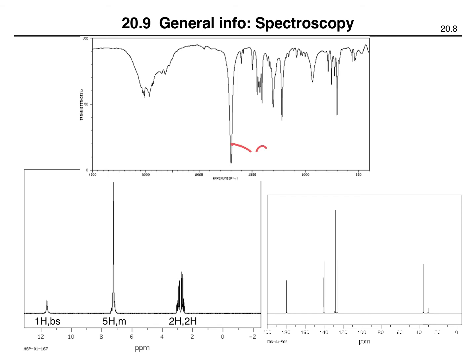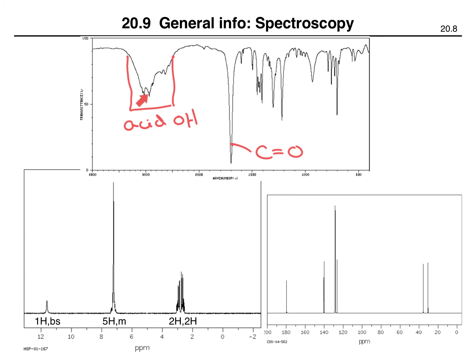This is our carbon-oxygen double bond right around 1700, and this whole thing here is our carboxylic acid OH. All right, so if you look closely, here we're at about 2500, right? So these are not just sp3 or sp2 CHs.